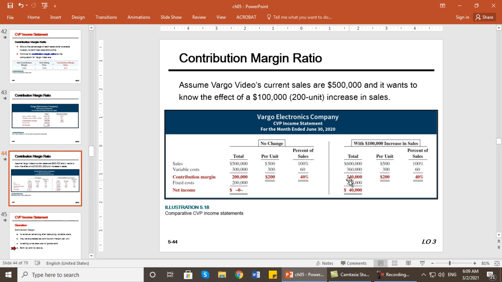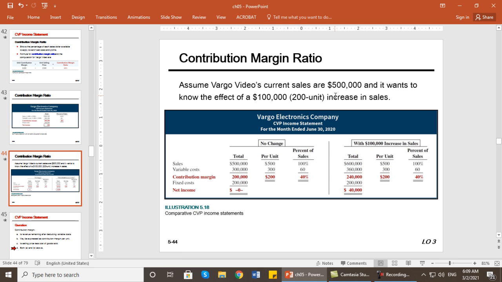The contribution margin will be 240,000, less fixed cost 200,000, net income 40,000. As you see in the current situation, when we realize sales 500,000, we are at break even. Break even, net income 0.